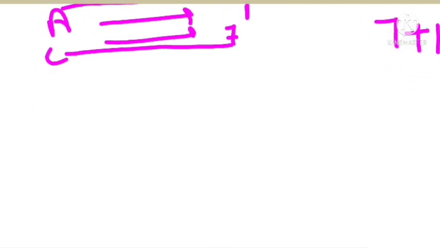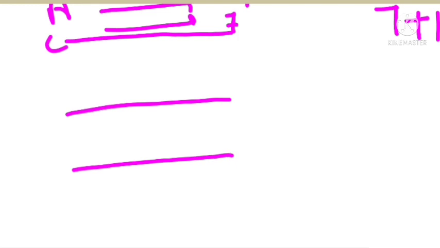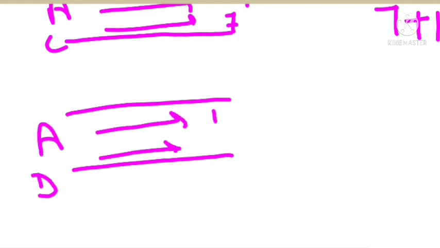Now C is also at the other side of the bridge. So now A and D have to cross the bridge. A took 1 minute and D took 10 minutes. So the total time taken is 10 for both to cross the bridge, and now A has to return the lamp here, and cross the bridge again without the lamp.